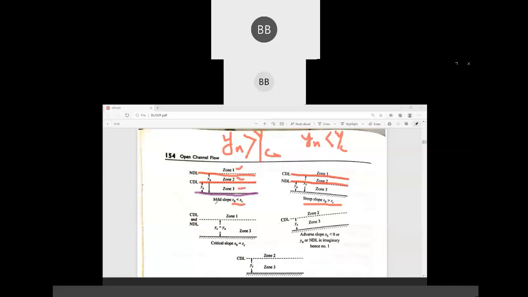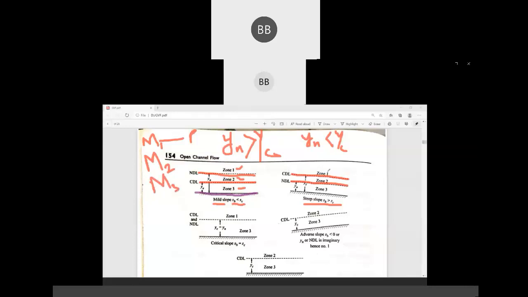Suppose this is a mild slope, then the profile will be an M profile. If it is in zone 1, it will be M1. If it is in zone 2, it will be M2. If it is in zone 3, it will be M3.